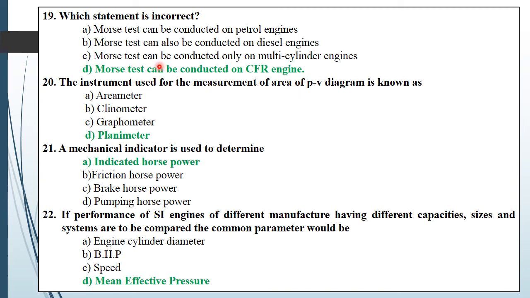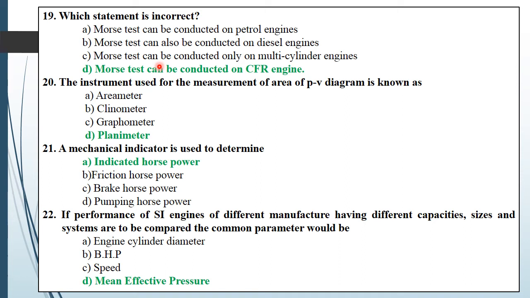As we know, we conduct the Morse test to measure the indicated power. The CFR engine is a test engine developed specially to test the fuels used with SI engines or CI engines.